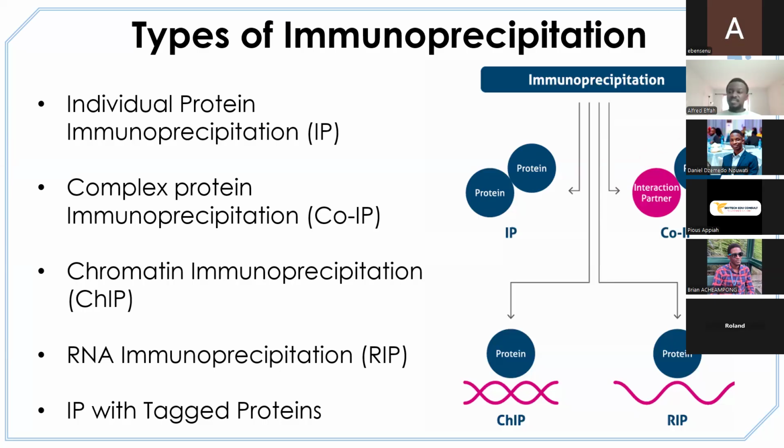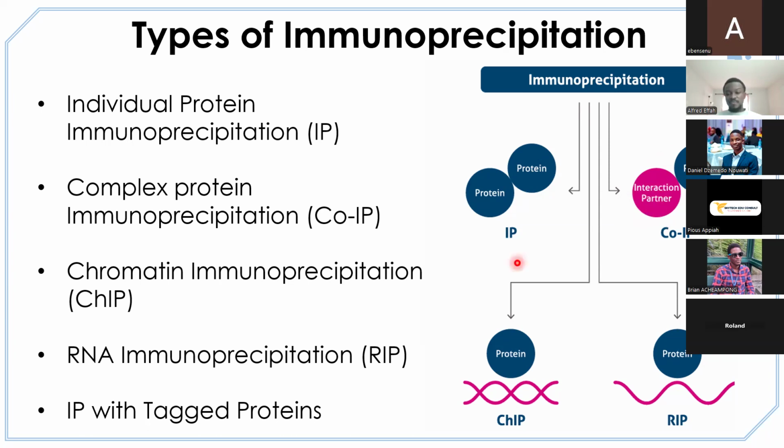After the washing steps and everything, if there was an interaction, we can stain and see the presence of this protein X. We can see a band for protein X. So that is all about co-immunoprecipitation. We want to find out if proteins are interacting. We develop an antibody against this protein, and if it was interacting with this, we should see this. We can also use a different antibody for this. We can do it the other way around. We can develop antibodies against this, and then we expect to see this at the end of our experiment.